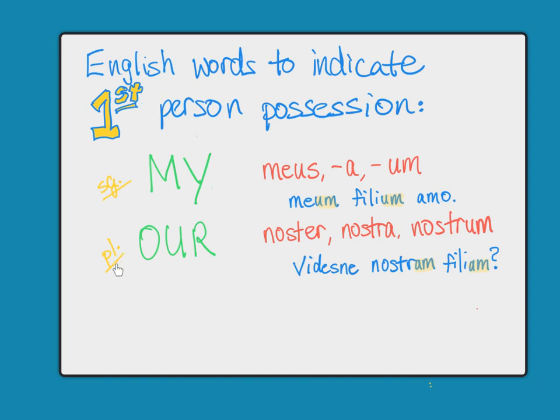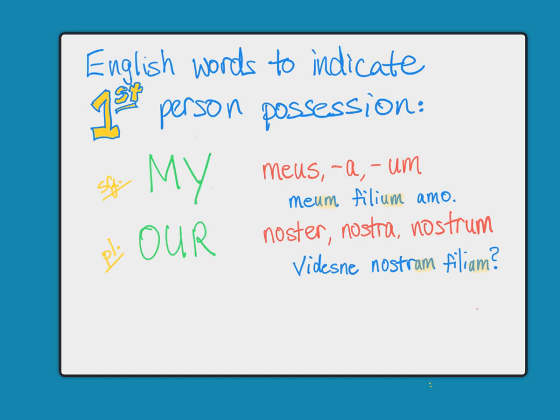The plural in our is part of the vocabulary word, not the ending. So this nostrum, even though it's a plural word, simply by virtue of the fact that it means our, here it's singular because it's an adjective and its only job is to modify its noun, and its noun is singular.